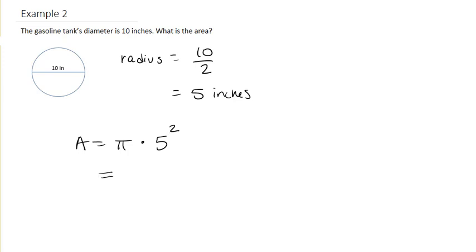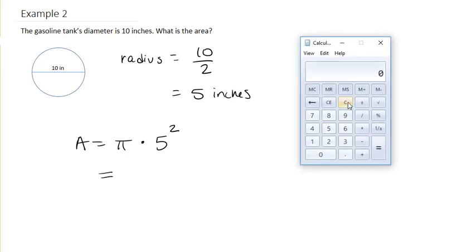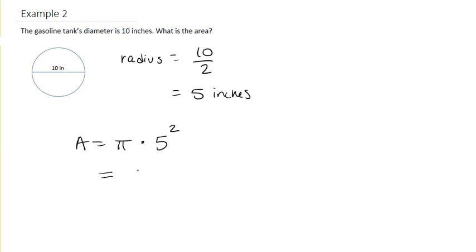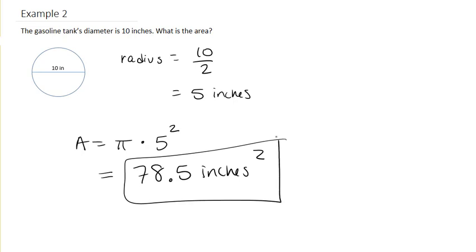So this becomes, when we get our calculators out, 3.14 times 5 times 5, which is equal to 78.5 inches squared. And that would be our solution to this problem.